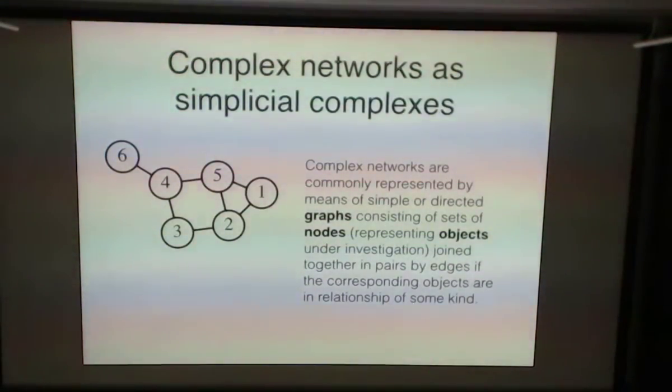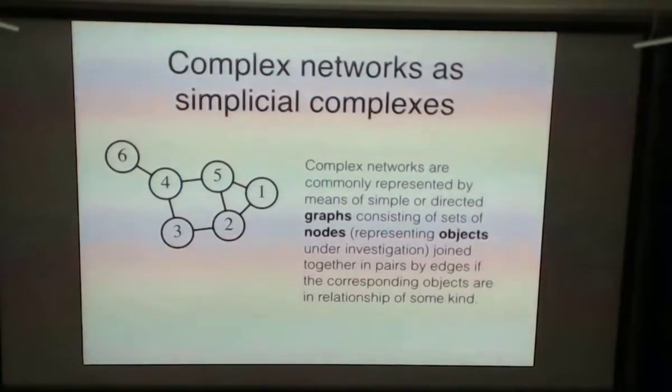One motivation to study large random spaces comes from the theory of complex networks, and we had a very nice two-hour lecture by Ginestra Bianconi yesterday. So I just briefly mention here basic notions.